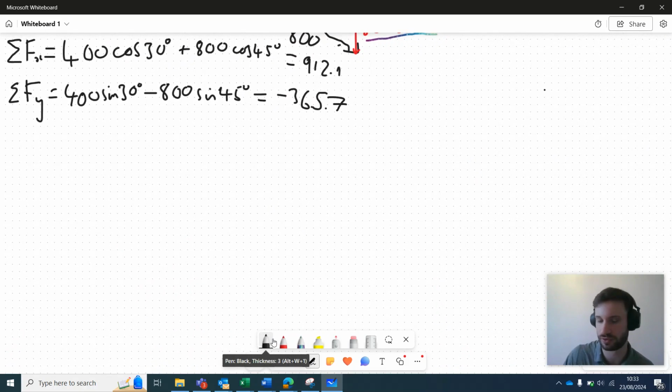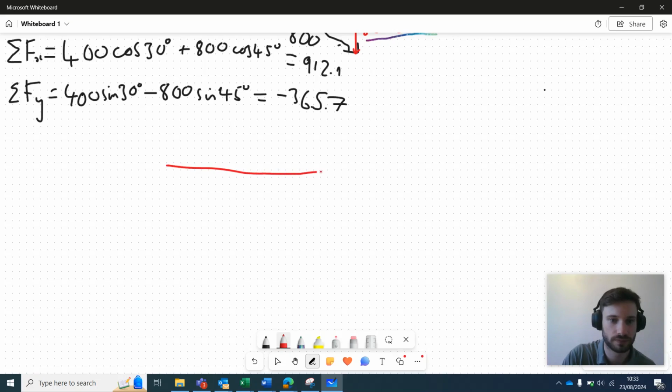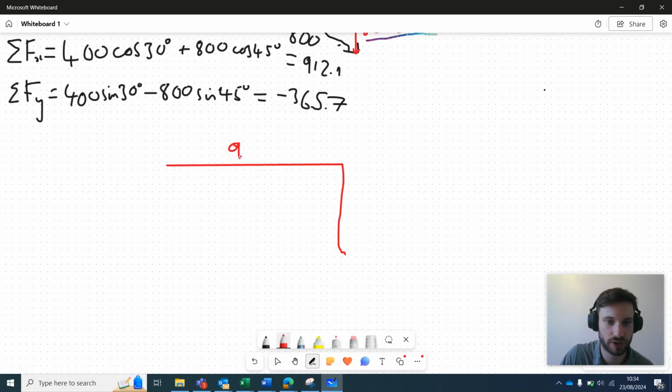So let's diagrammatize the resultant force. I don't have to do this, but I'm going to do it anyway. So we understand that the horizontal component of this resultant force is 912.1, and that its vertical component is 365.7.